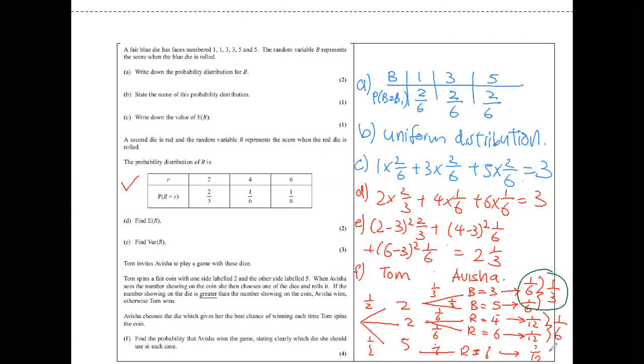Okay, so the total probability of winning will be 1 out of 3 plus 1 out of 12, which is 5 out of 12. And this is provided that she must choose the blue die when the coin shows 2. All right, so that's it for this second example.